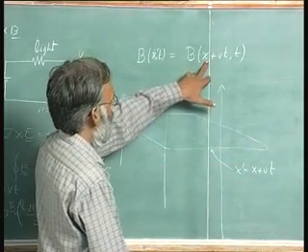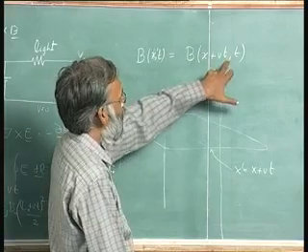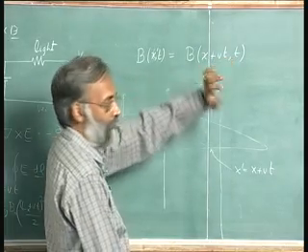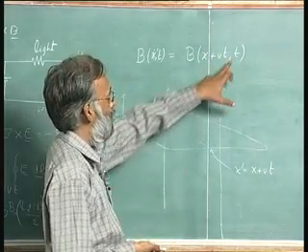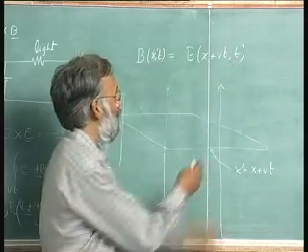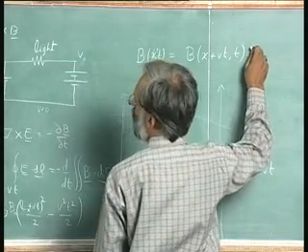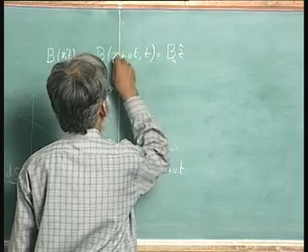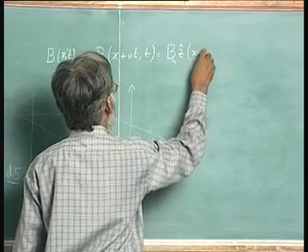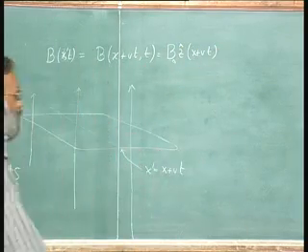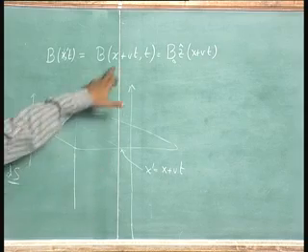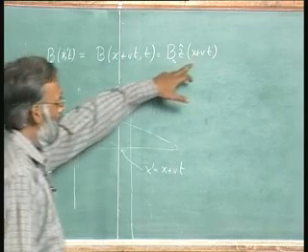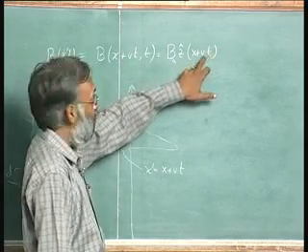So, it will be the original magnetic field at x plus Vt comma t. The original magnetic field does not depend on t at all. So, it is equal to B naught along z times x plus Vt. It is only a function of the first coordinate. It is a function of time through the velocity.